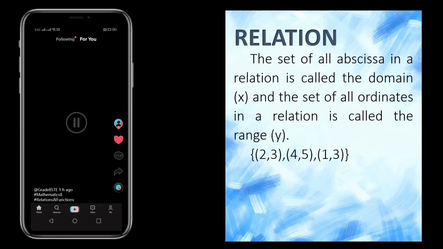For example, in the set (2, 3), (4, 5), and (1, 3), the domain consists of the x's from the ordered pairs. So we have 2, 4, and 1. Ang range naman natin ay yung mga y sa ating ordered pairs. So we have 3 and 5. Kung papansinin natin, once ko lang nilagay yung number 3 sa range since naulit lang naman siya.